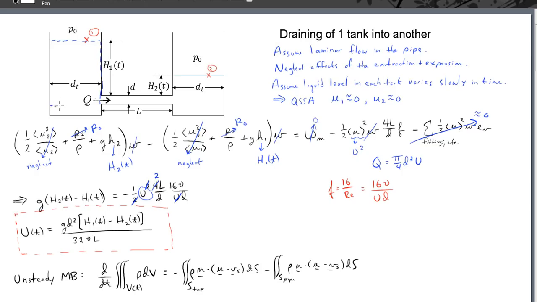So we can essentially consider this liquid here. Anything below this would never leave the tank. So this is our V of t.